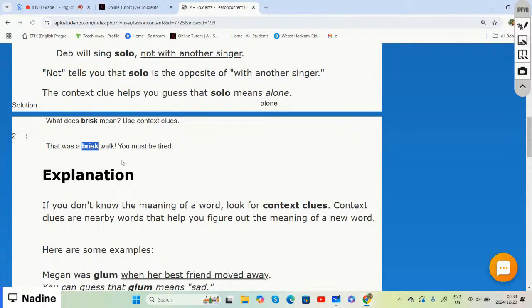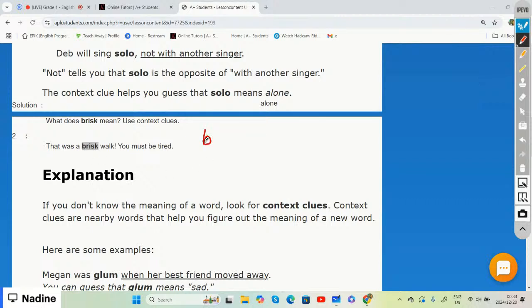And if we were to identify what brisk walk means, then brisk would be saying, especially like if you're extremely tired, then we can say brisk is like taking a fast walk, like you're walking fast.